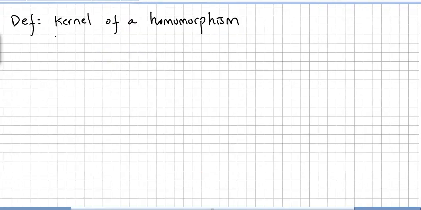So now we get into the definition of kernel of a homomorphism.